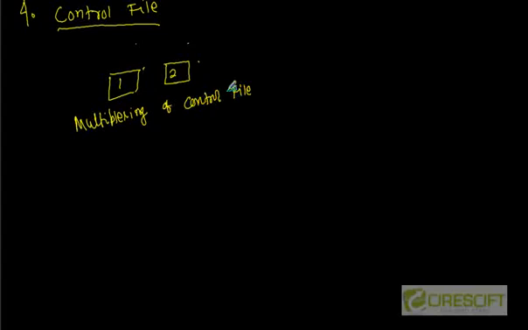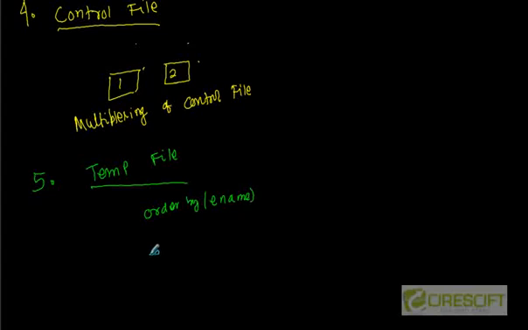All right, and the next one is called the temp file. To cater to temporary requirements for space, we use the temp file. For example, whenever you give a select statement like select star from emp order by ename, this is an operation where we get the employee table's data into some temporary location where we can sort it.